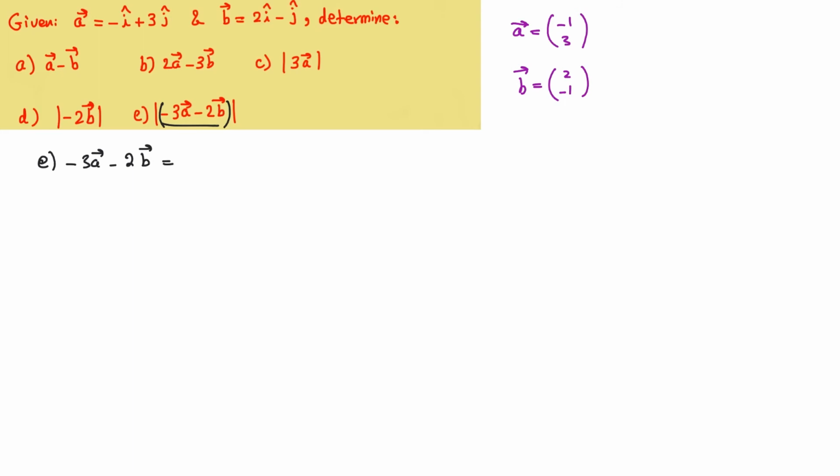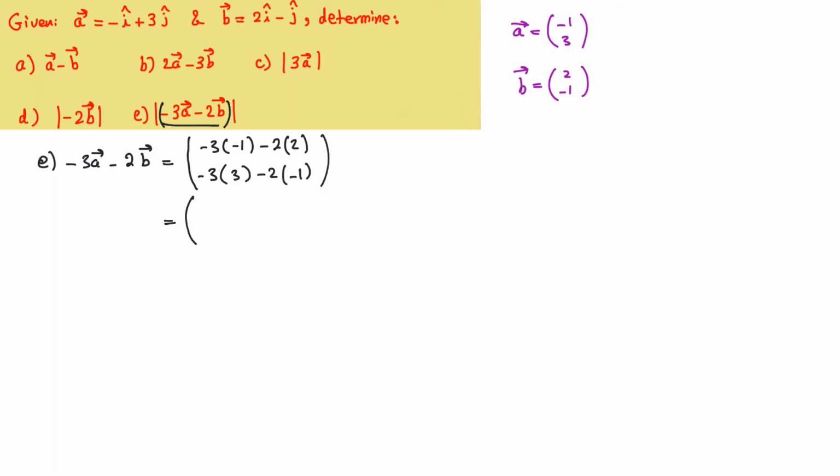So to do this, I will write the -3 times the x component of vector a, which is -1, minus 2 times the x component of vector b, which is 2, and -3 times the y component of vector a, which is 3, minus 2 times y component of vector b, which is -1.